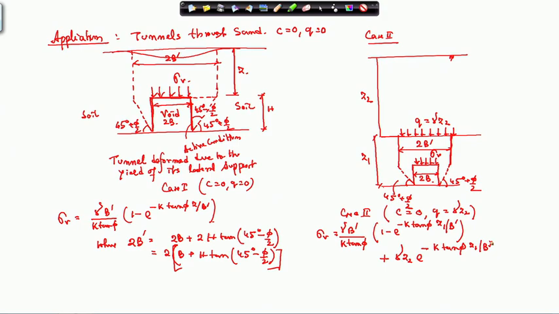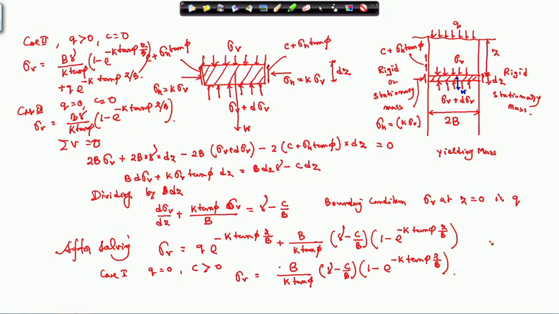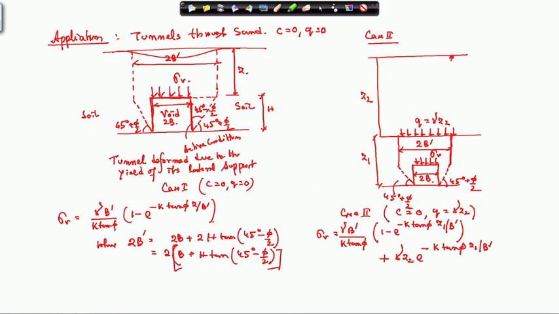Q is gamma into Z2, and the B dash value we will calculate from this same expression. So these are the two cases I have discussed where you can apply this theory and calculate the stresses acting on the tunnel or the conduit.